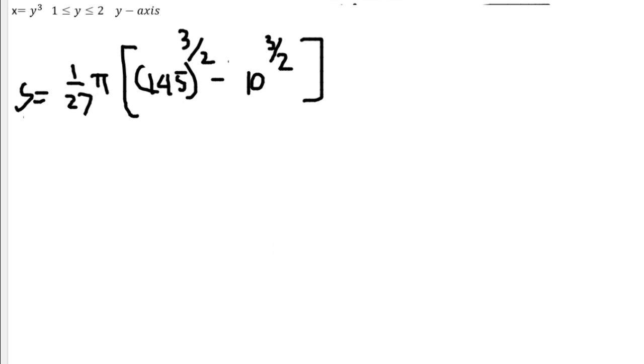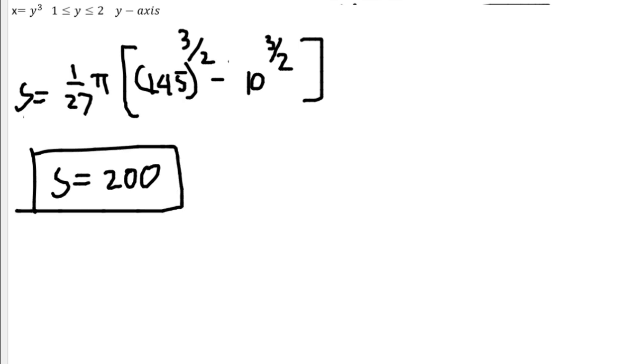I think we leave it like this. If we're going to use a calculator, you can. So the answer is going to be about 200. Actually, I'm going to put 200 units squared.